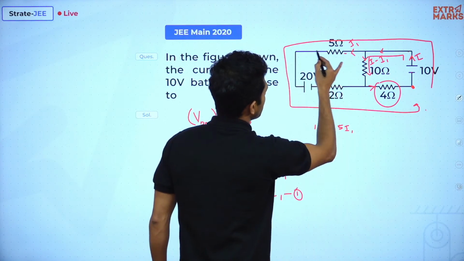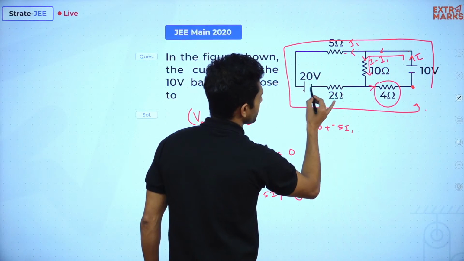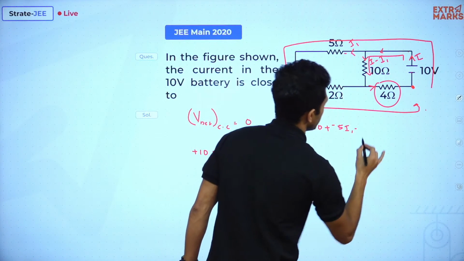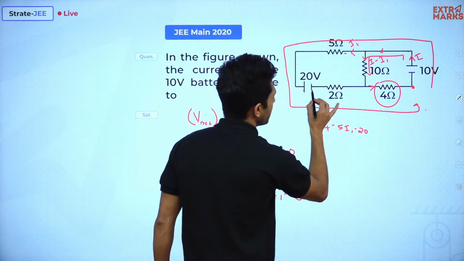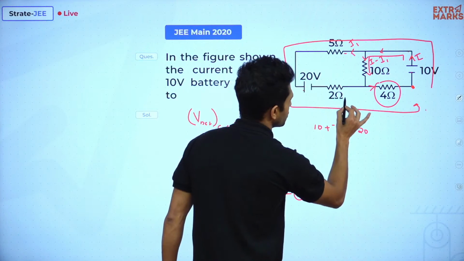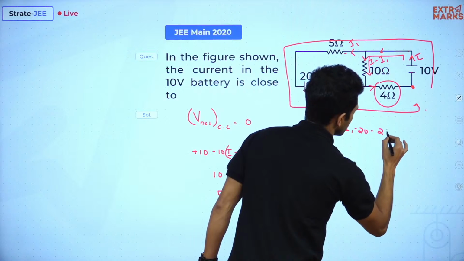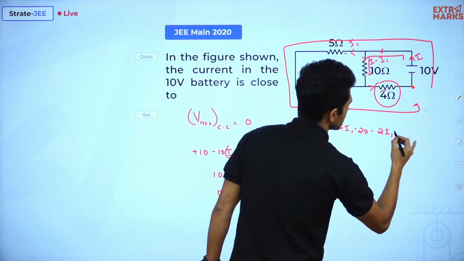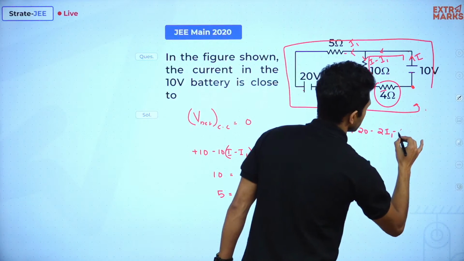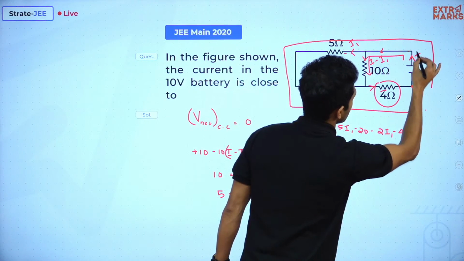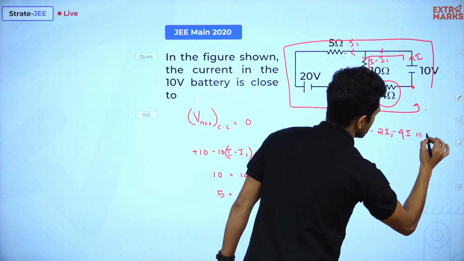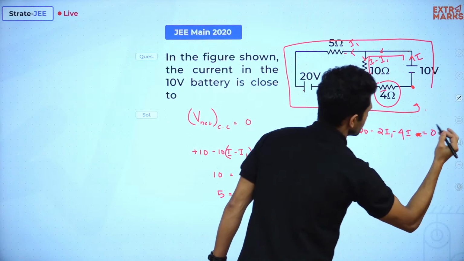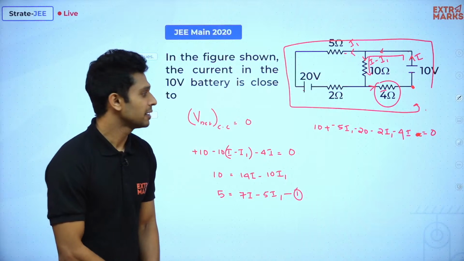Again moving from positive to negative, so potential drop, minus 20. Again moving in the same direction of the current through a resistor of 2, so minus 2, what is the value of the current? I1. Again moving through this 4 ohm resistor, in the same direction, so minus 4. Current through this particular branch is I, and that is equal to 0, right?